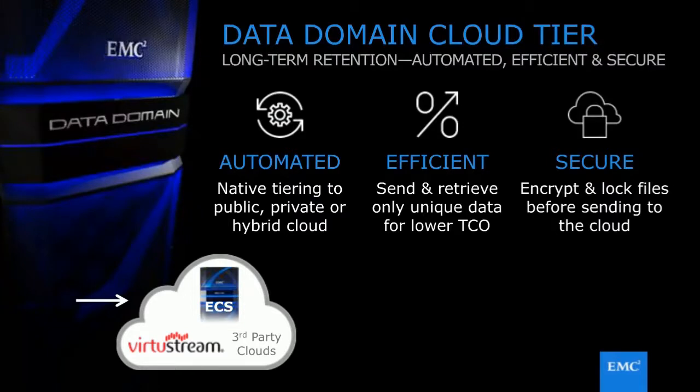So the days of a penny per gig per month and thinking about the cost of object storage in those terms, now think about it with a 20x multiplier on top because of dedupe. The TCO is extremely attractive for this solution, and it's attractive whether you're on-prem or you're off-prem. And frankly, the product will be seamless and secure regardless of what you choose, on-prem or off-prem.